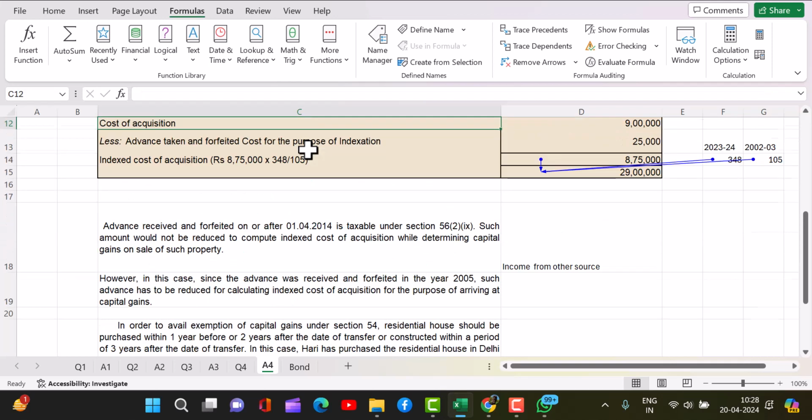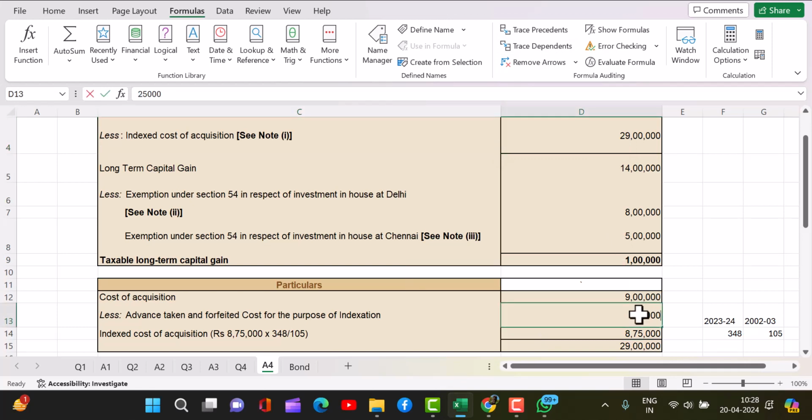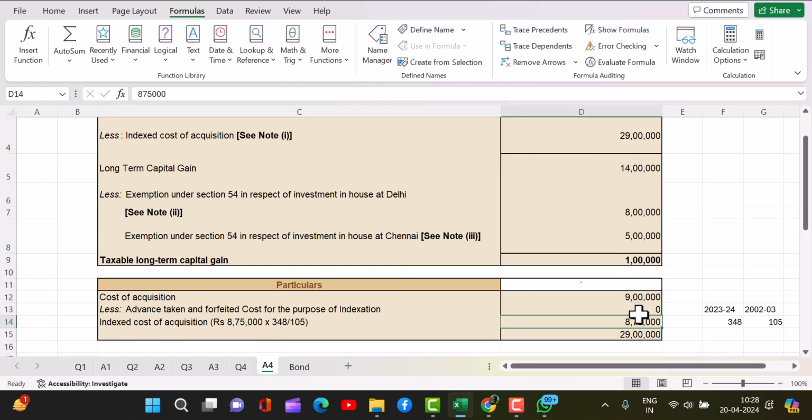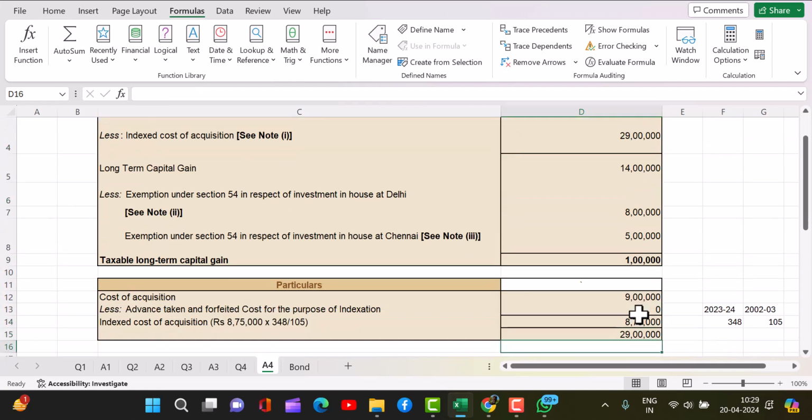So, for example, in this case, suppose this advance was received after 2014. In that case, what would have happened was that his total long-term capital gain would have been, let's just check.